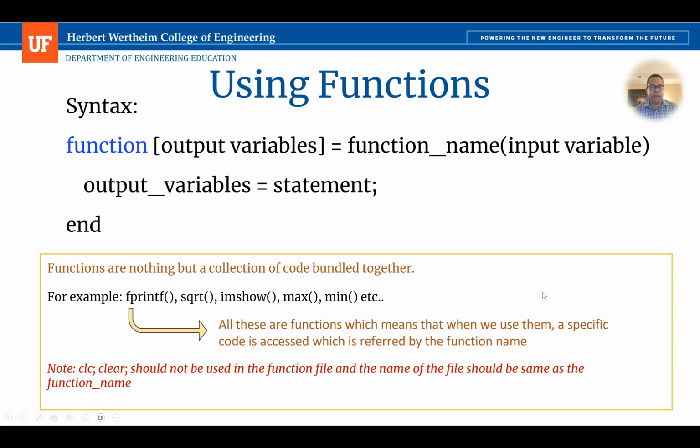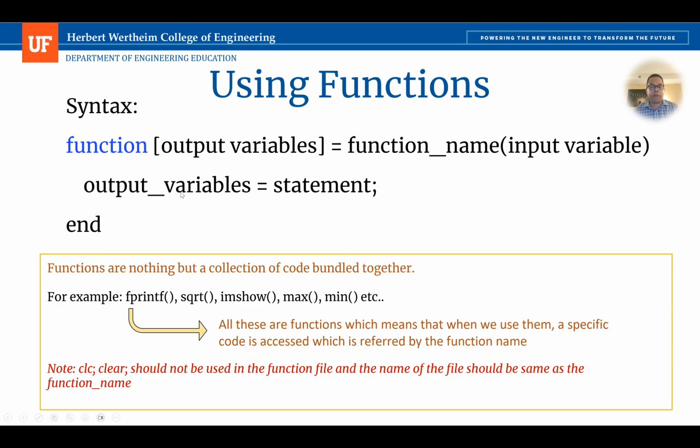For that, I have to mention that we are going to be using functions. We've been using functions since week 5, but you've been a user so far. For example, functions from MATLAB are sprintf, square root, imshow, and so on. Basically, a function can be created with the word function, listing the output variables that you expect from that specific function, and then the name of the function with the input parameters that you want, and inside is the code.